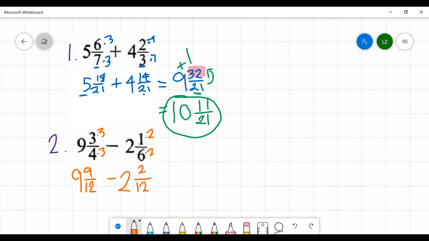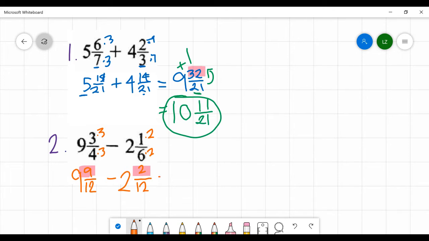So before I do anything, I like to look at my numerators in subtraction problems to make sure that they can subtract and that I don't need to borrow. In this case, 9 minus 2 works, so I know I do not need to borrow and I can keep going.